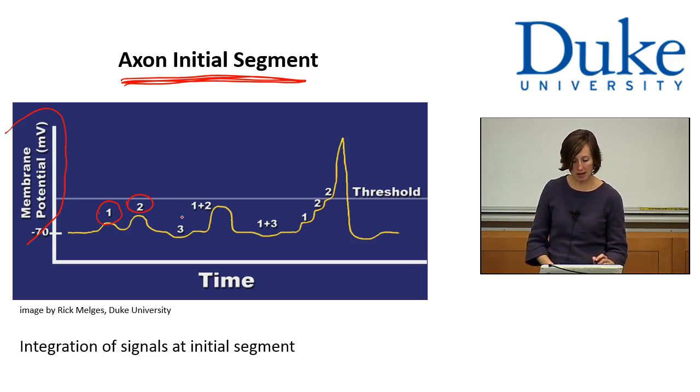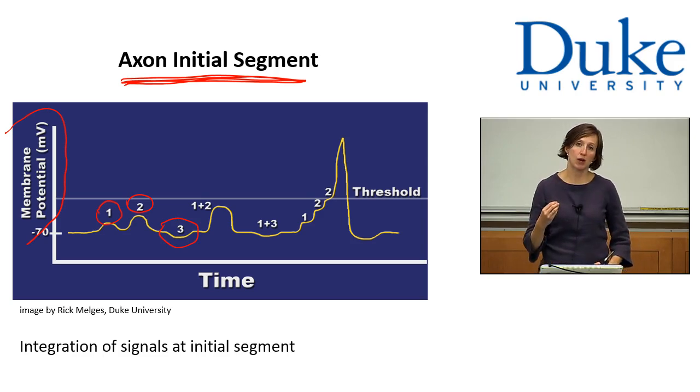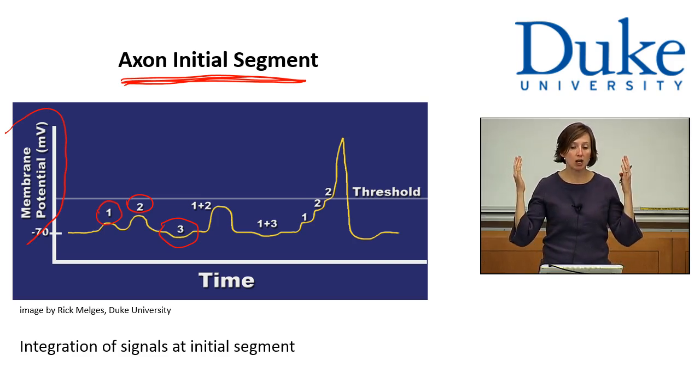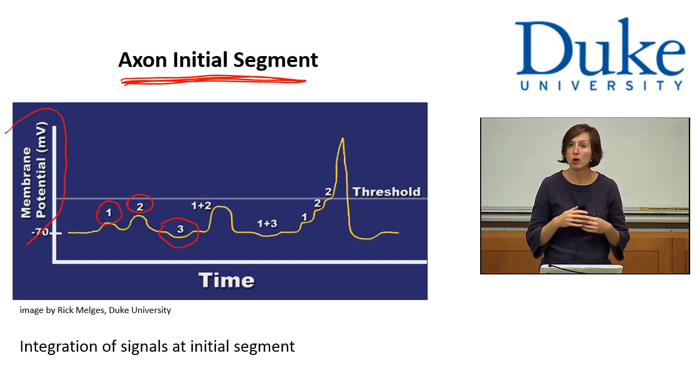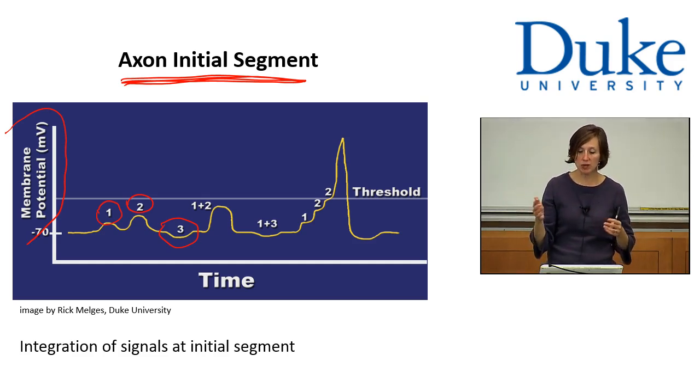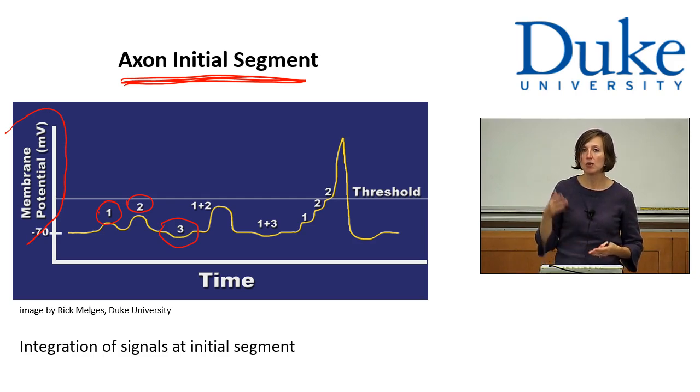Then we have synapse 3, which is actually causing a hyperpolarization of the membrane. So perhaps it's causing ion channels to open that let chloride into the cell or let potassium out of the cell, so that we get a hyperpolarization when synapse 3 fires.